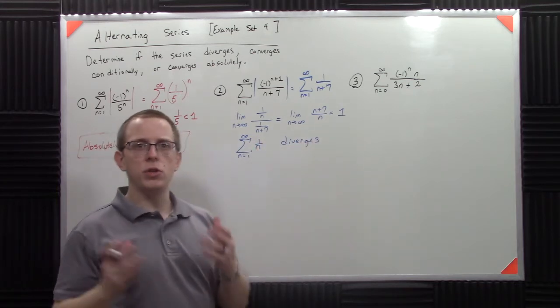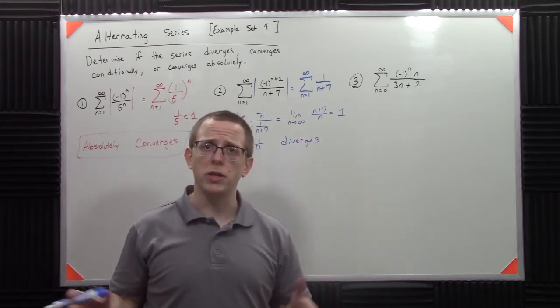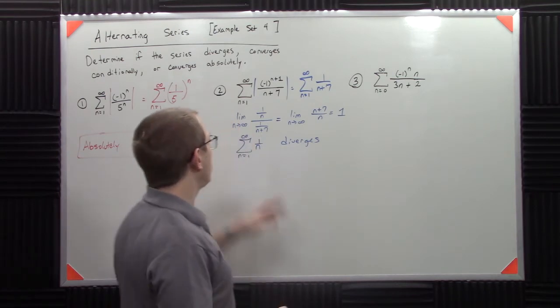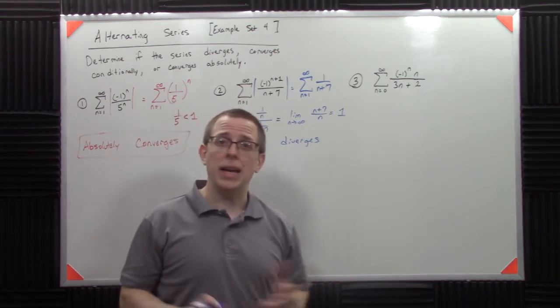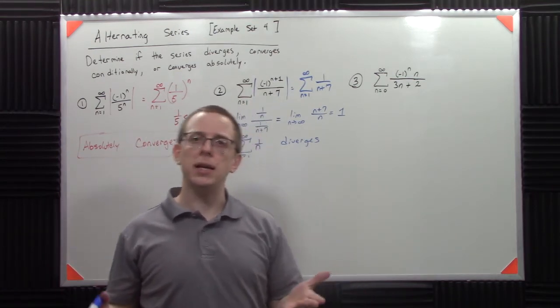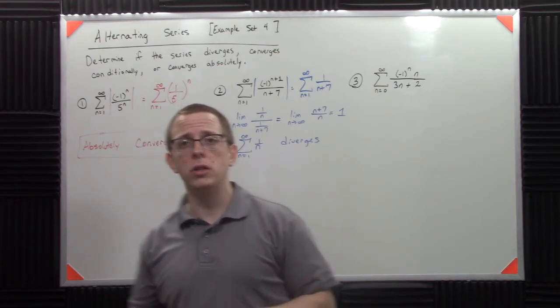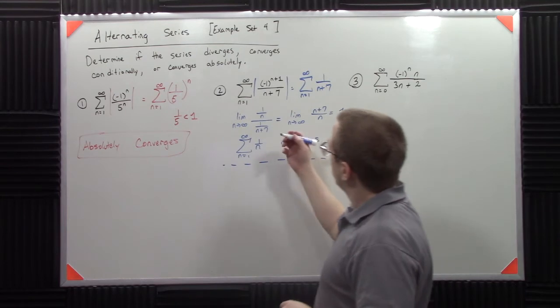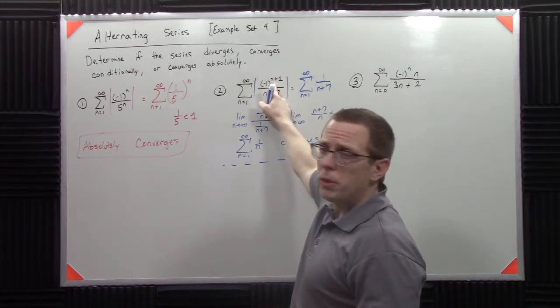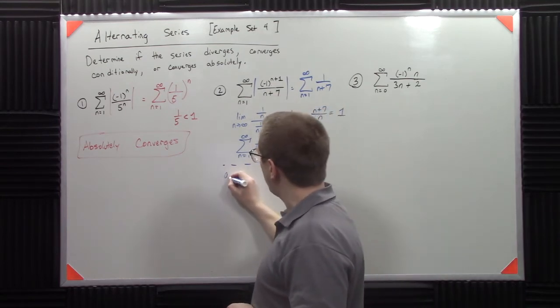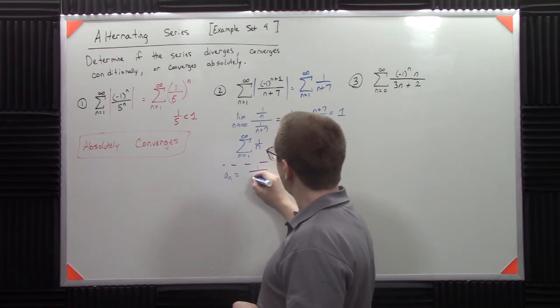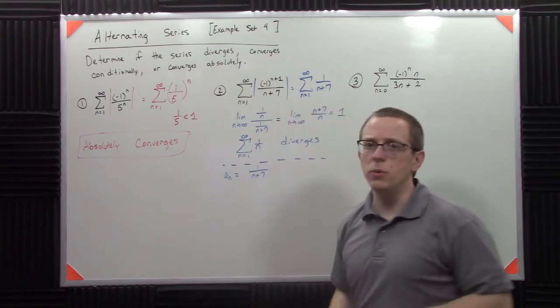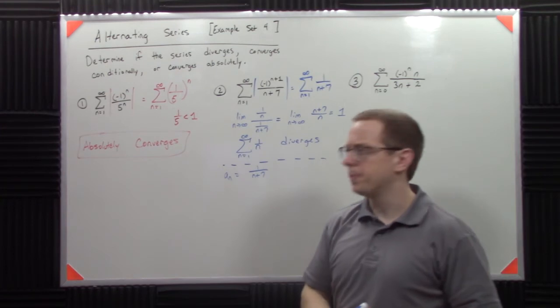Again, that diverges, the well-known divergent series, the harmonic series. So what that tells me is I can't say this absolutely converges, but can I say it conditionally converges? Well, let's check. So I've got an alternating term here. My non-alternating piece is that sequence, 1 over n plus 7.